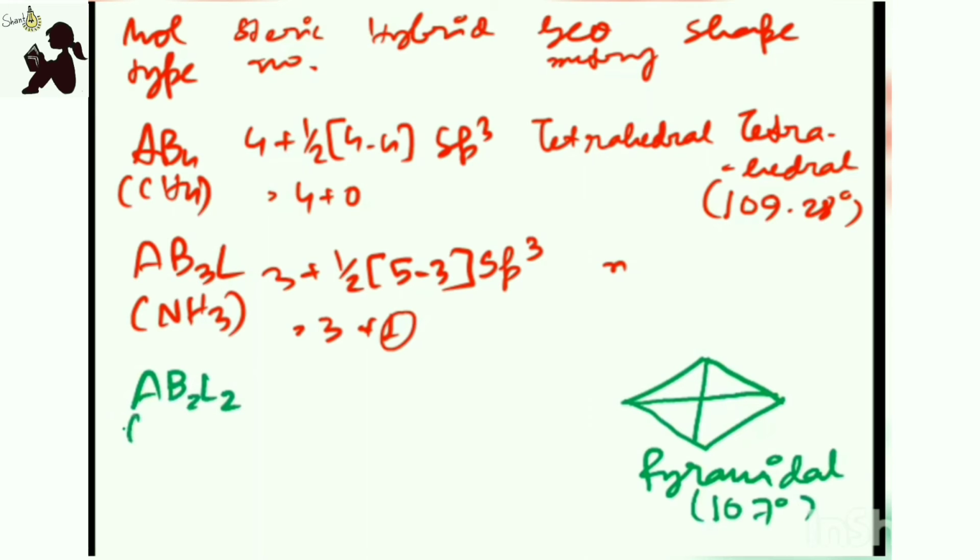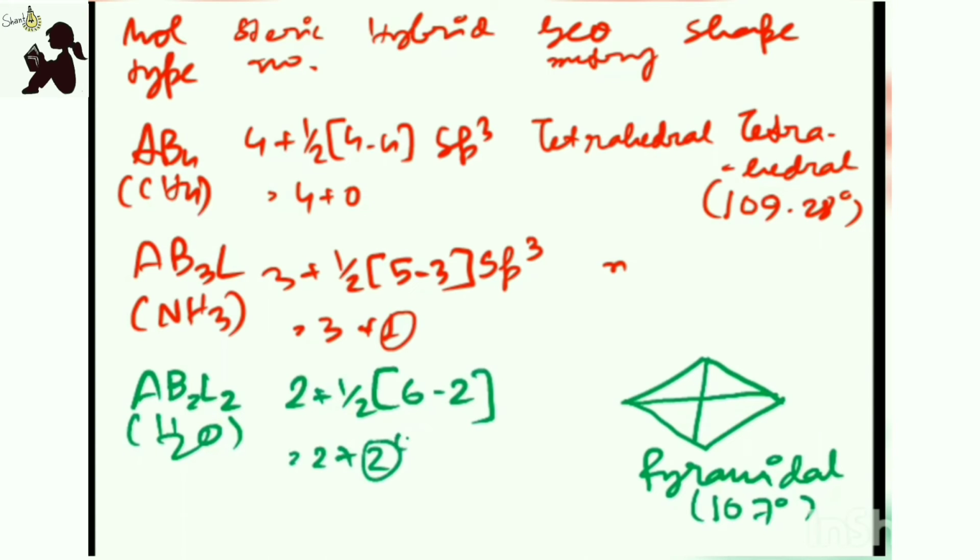AB2L2 is our next, that is our H2O. In case of H2O, its surrounding atoms are 2 plus half into the valency of the central atom. Oxygen has valency 6, and it will be minus 2. So half of 4 is 2, that is 2 plus 2. So here you can see it has two lone pairs. Okay, so now another bond from here is excluded.